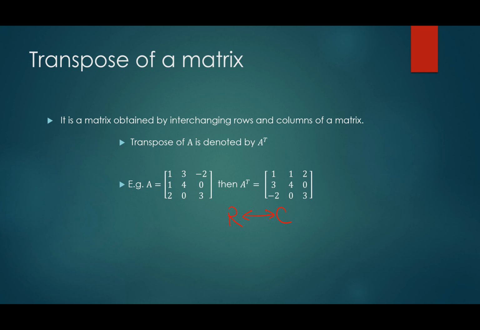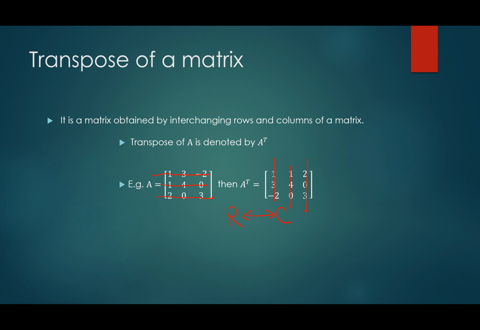Is it clear? What I did is interchange rows and columns, means the row elements are now written as column elements. The first row is now written as the first column, the second row as the second column, the third row as the third column.